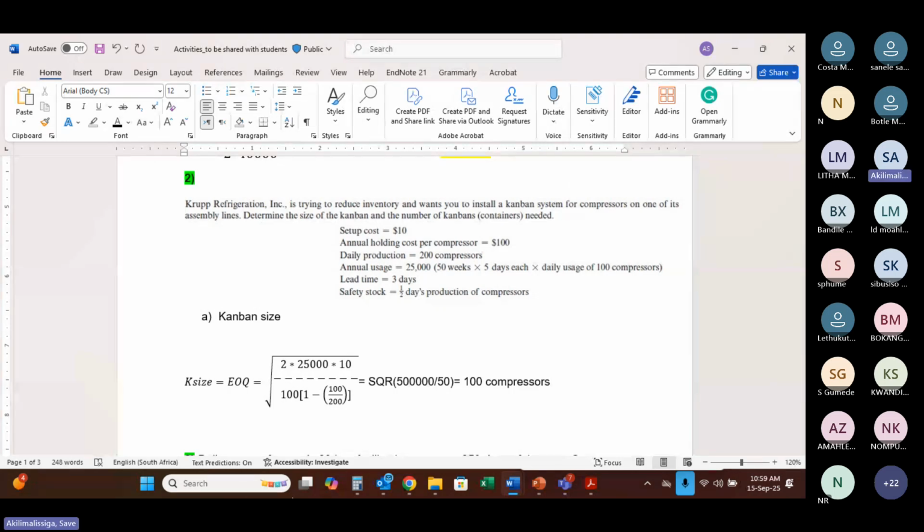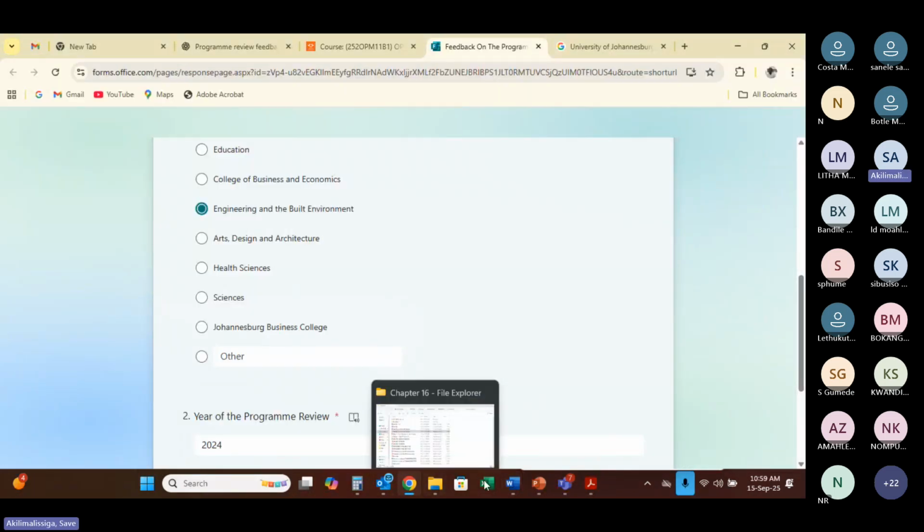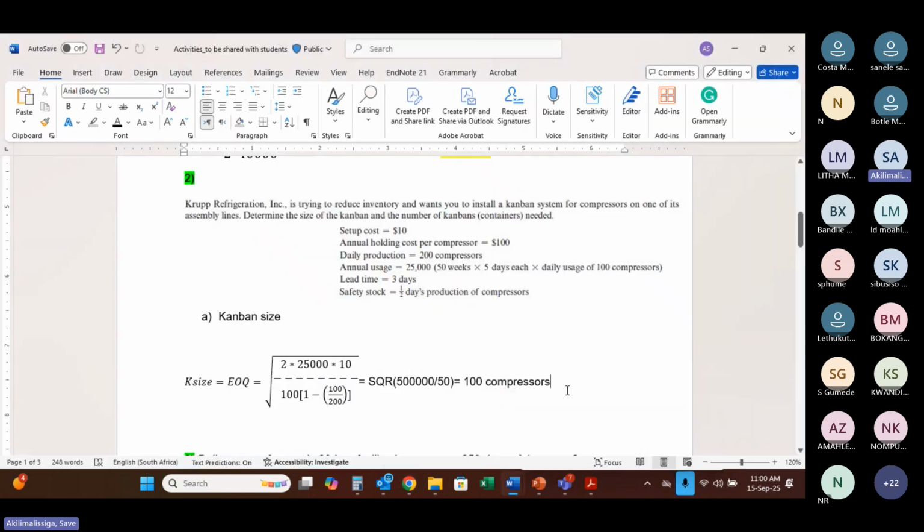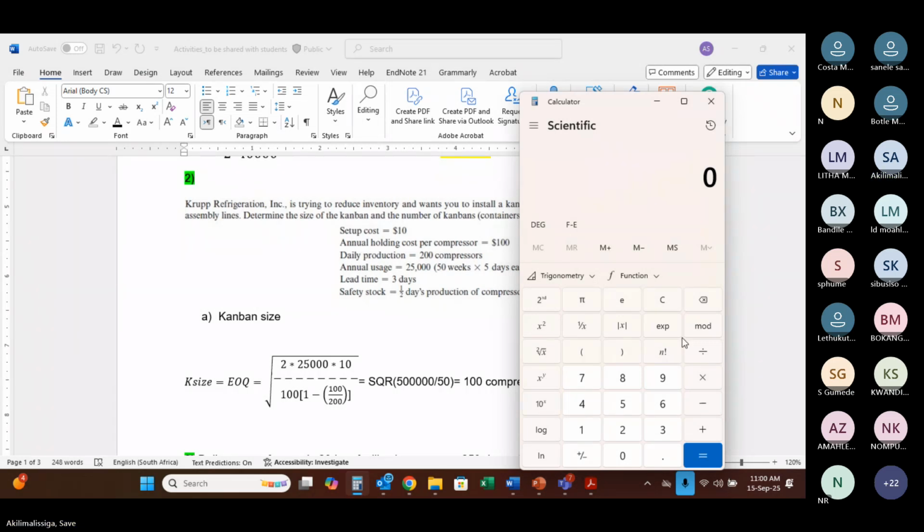Let me just double check what's wrong with this calculator. I don't know why it's giving me that kind of stupid answer. So square root of 10,000. Or let me do this. Let me put the bracket. 10,000.